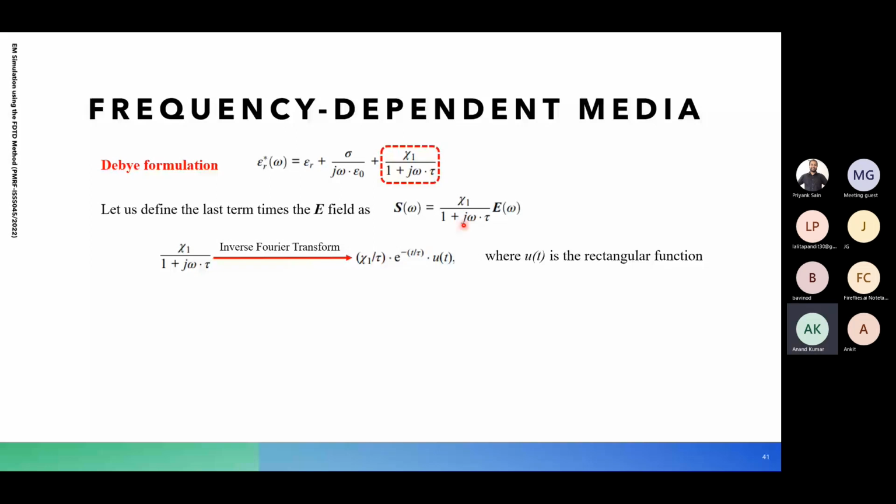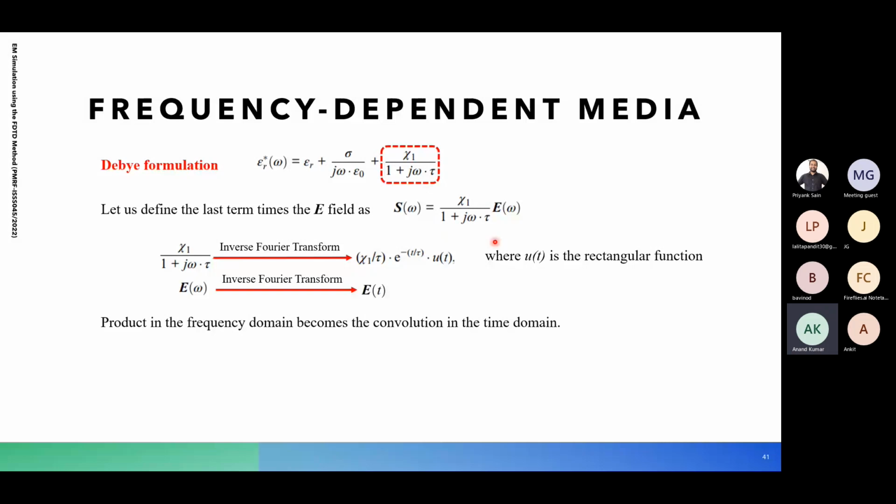Similarly, for E omega, its inverse Fourier transform is E of t. So we know the inverse Fourier transform of the first part and the second part, and now we need the inverse Fourier transform of the entire thing. Here we use the property of convolution: since this is a product in the frequency domain, we can find its inverse Fourier transform using convolution, and it is given by this expression.